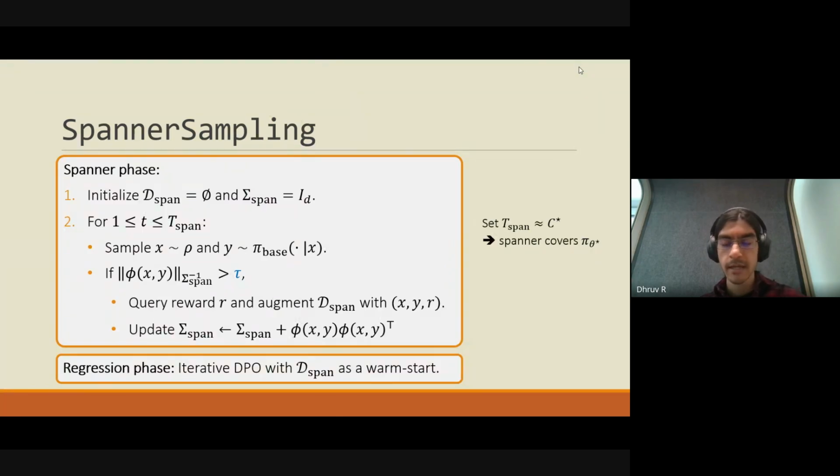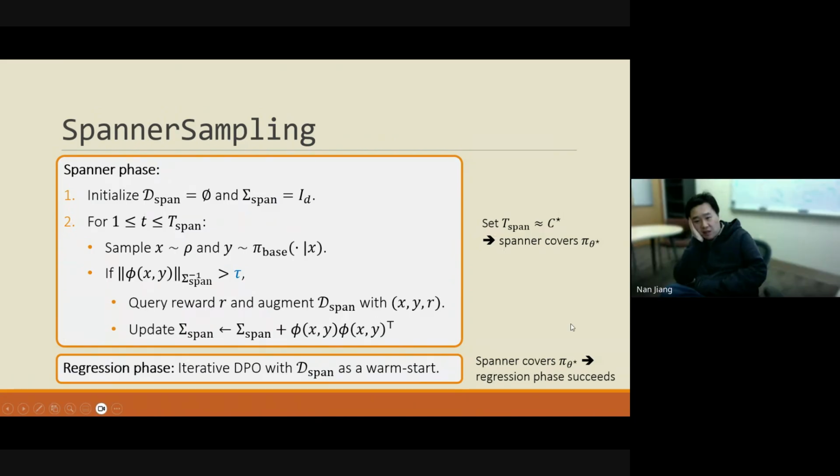And the key facts here are that if you make T-span, the number of iterations in the spanner phase, roughly as large as the coverage coefficient, you can show that in the feature space, your spanner is roughly covering the optimal policy. And if the spanner is roughly covering the optimal policy, then you can show that the regression phase succeeds with a small number of iterations.